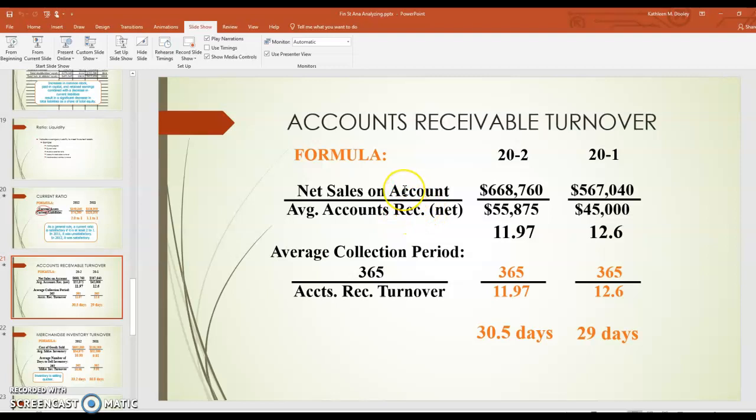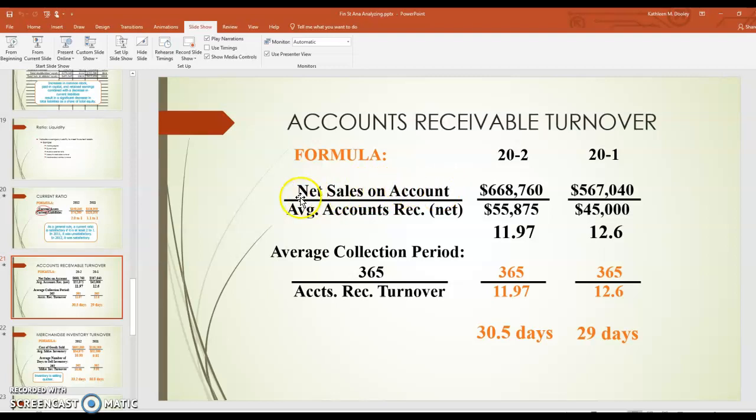Now, if the cash register, the computer, the accounting software, whatever, doesn't divide out the sales between cash sales and sales on account, then just use the total net sales.